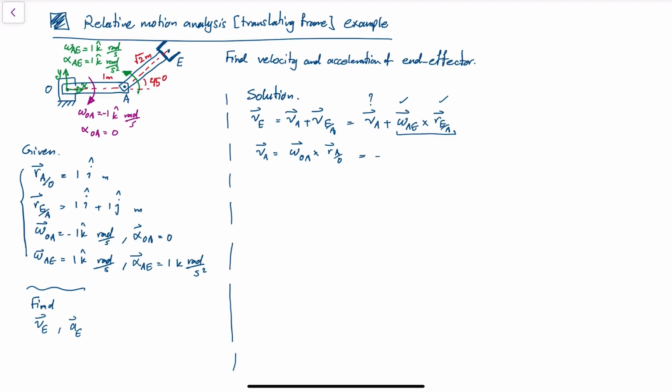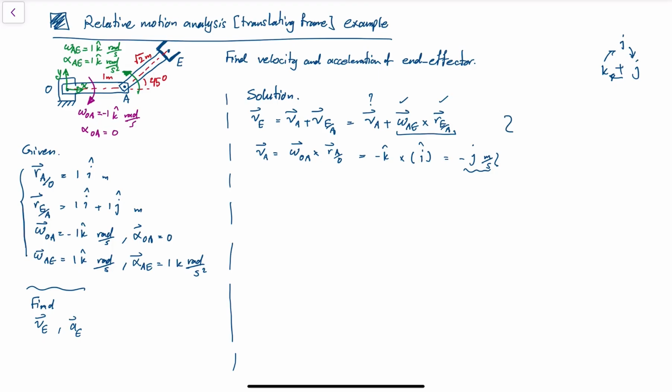This is minus K cross R of OA is only I, and I, J, K. This is my positive direction. So K cross I is J, but I have a minus, so this becomes minus J meters per second.